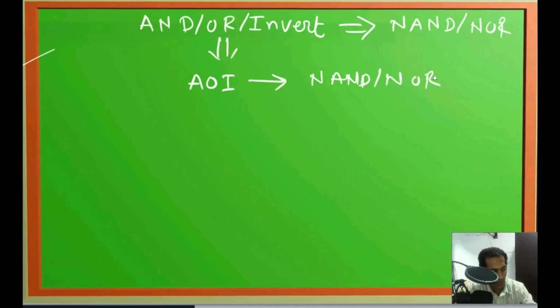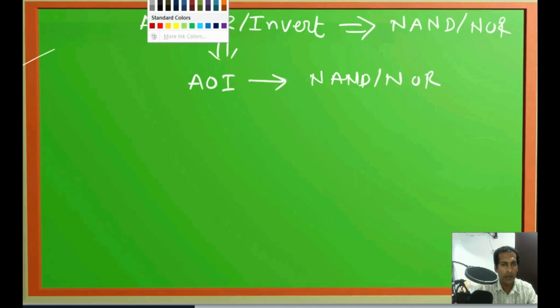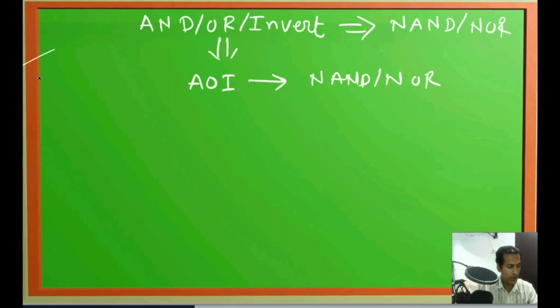In the realization of a Boolean expression, the variable and its complement are assumed to be available. Let us take one example. Say the SOP expression ABC plus AB bar plus A bar BC can be implemented in AND OR logic.